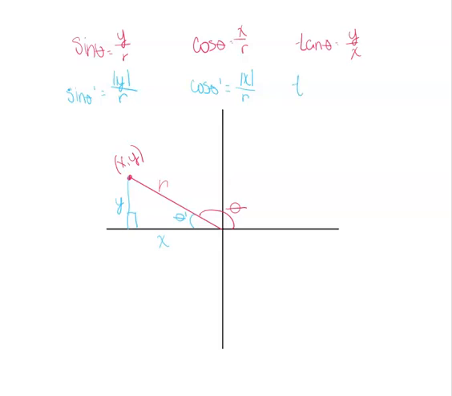And we could say that tangent of theta prime is equivalent to the absolute value of y over the absolute value of x, because we know that tangent is opposite over adjacent.